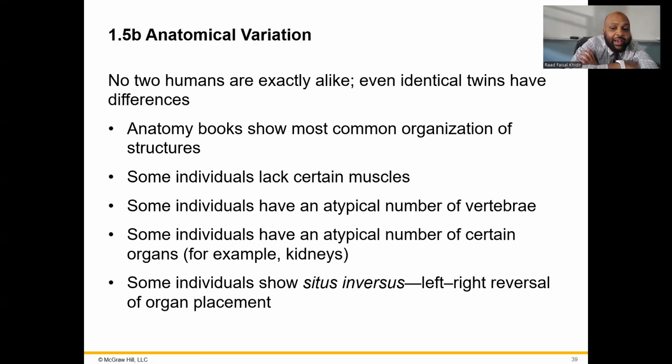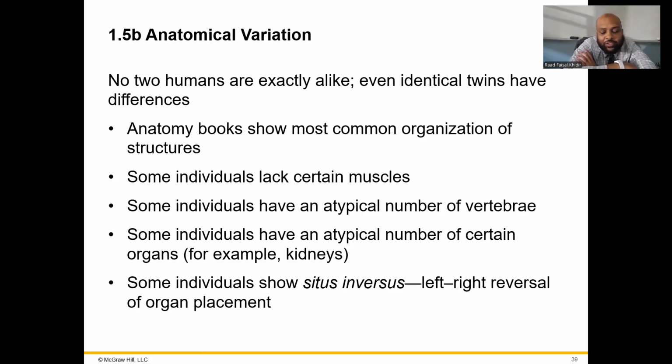Some individuals have an atypical number of vertebrae. They have more bones. Some people have an atypical number of organs, or the structure of the organ looks like a horseshoe, or maybe they have a kidney that is in the pelvis, not up there where it belongs. And some people have situs inversus.